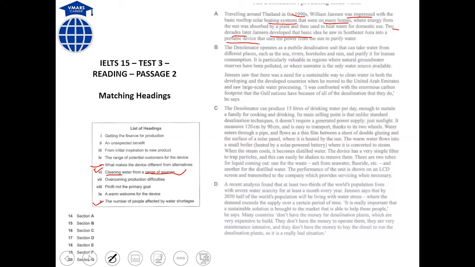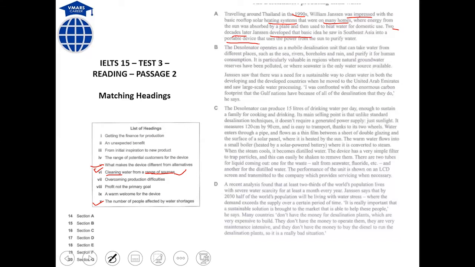So when you read the first two lines, actually, we have read the entire paragraph. When you read the beginning line, it is showing that he was in Thailand and he saw a heating system on many homes. And then, after two decades, he developed his own device using that solar energy to purify the water.